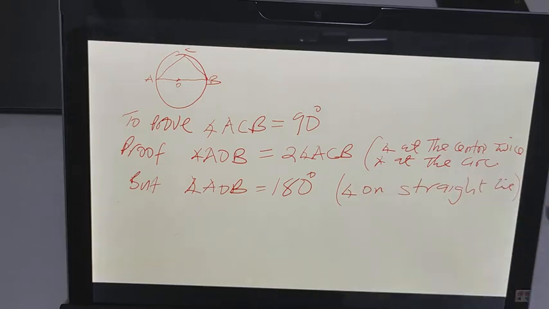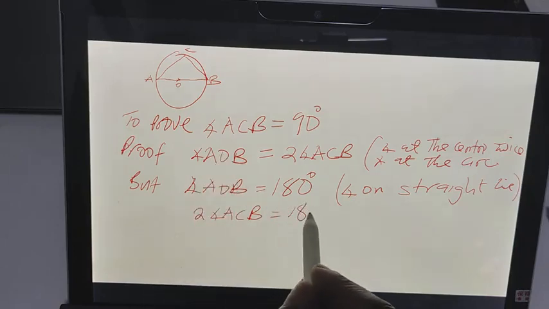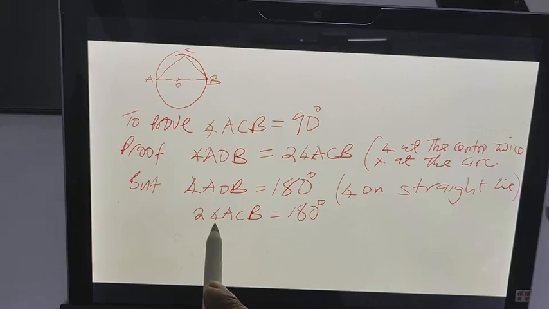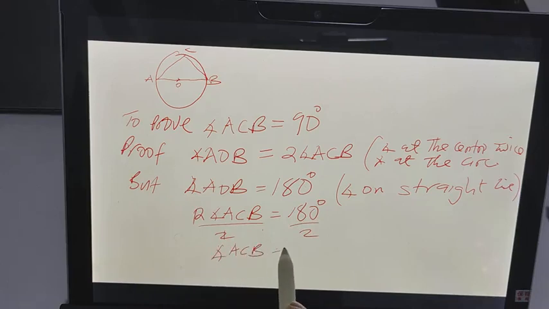So we can say 2 angle ACB is the same as this angle AOB, which is 180 degrees. To find this one, we divide both sides by 2. Here you remain with angle ACB equal to 180 divided by 2. That's 90 degrees.